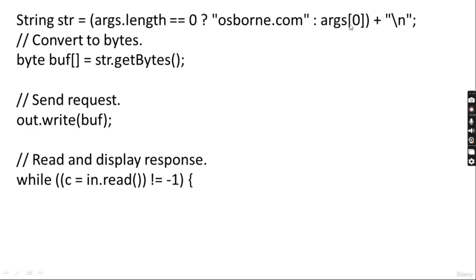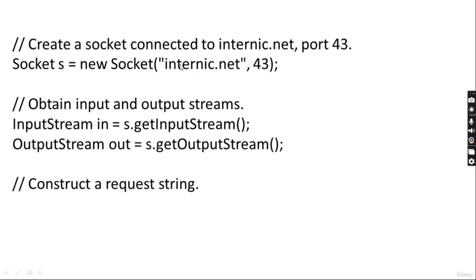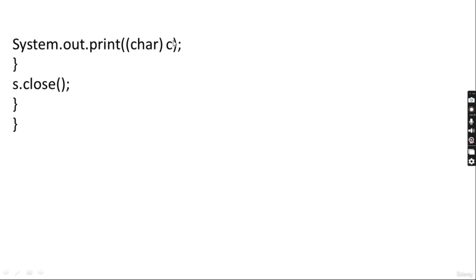Whenever we pass any other argument, it will search for it on the internet and send back the IP address and contact information regarding that site. The request is sent using out.write(buffer), the response is read with in.read, and the output is displayed using System.out.println.